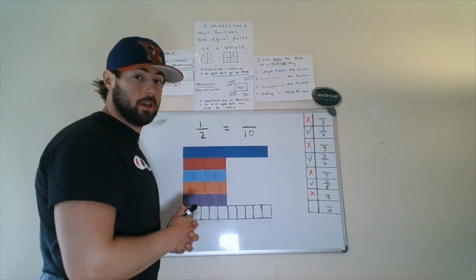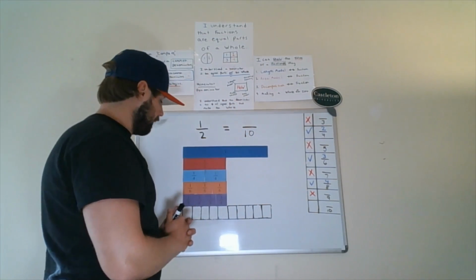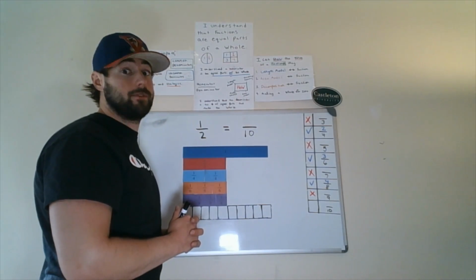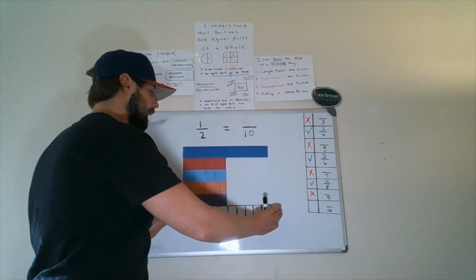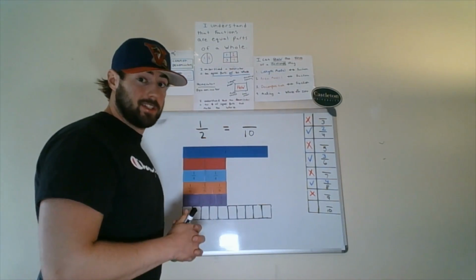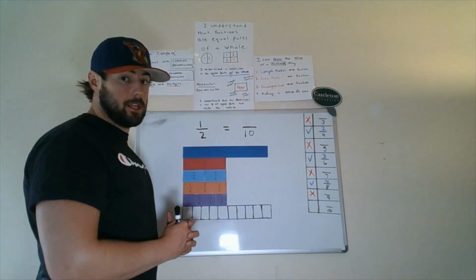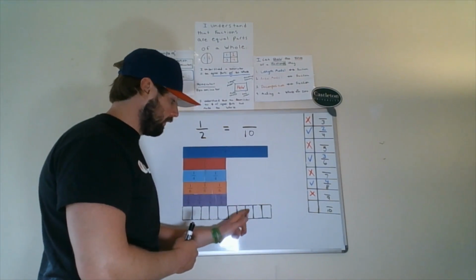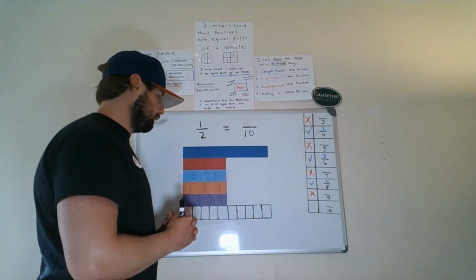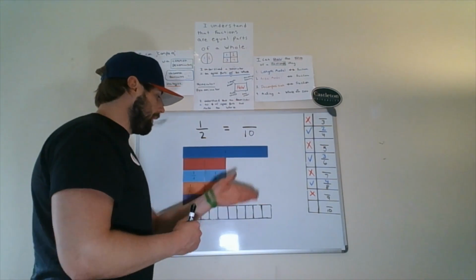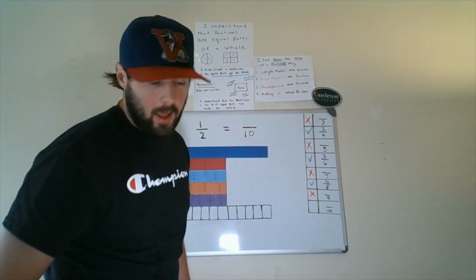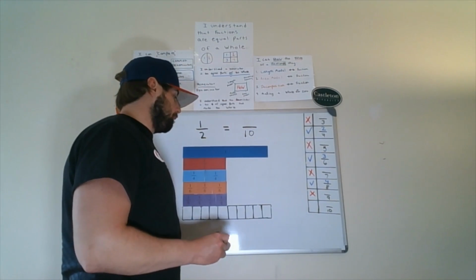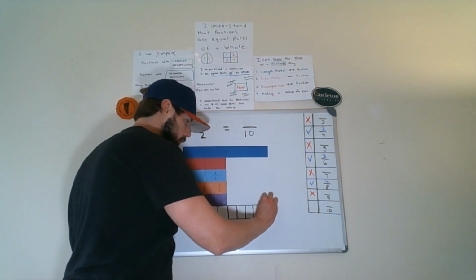Didn't have my trusty magnetic strips again. This one was tough to partition. I made this whole and I partitioned it into 10 equal parts. 1, 2, 3, 4, 5, 6, 7, 8, 9, 10. Not talking about a whole. We're trying to find equivalent parts to 1/2.